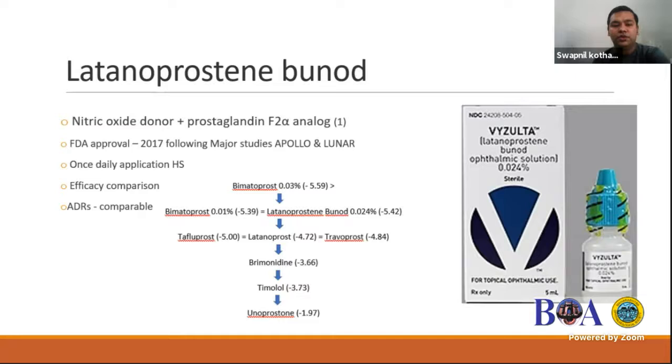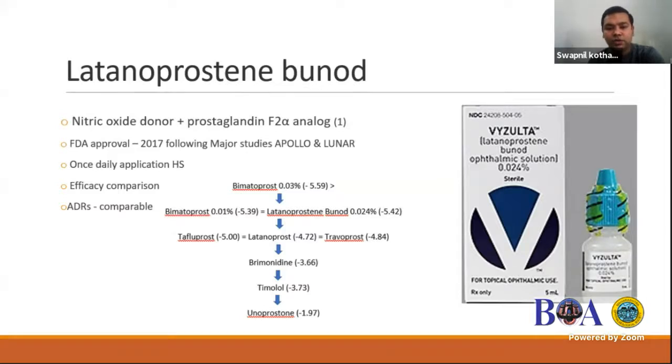Coming to latanoprostene bunod, this is a nitric oxide donor as well as a prostaglandin F2 alpha analog, which received its FDA approval in 2017. And it has convenient once daily dosing. Efficacy wise, when you compare all prostaglandin analogs, bimatoprost 0.03% sits at the top with an average reduction of 5.59 millimeters of mercury from baseline.